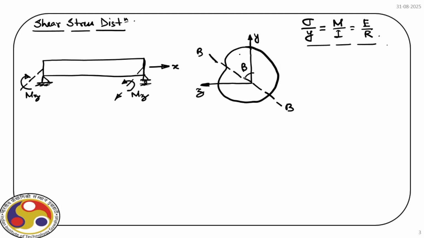And what we do, we consider a differential element. The area of this is dA, and the distance of its CG from this BB, that is the centroidal axis or neutral axis, let this be y prime.